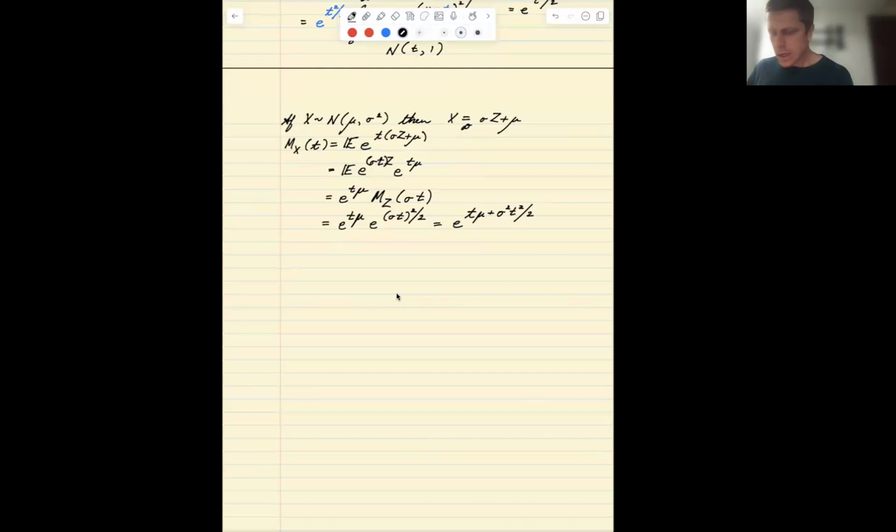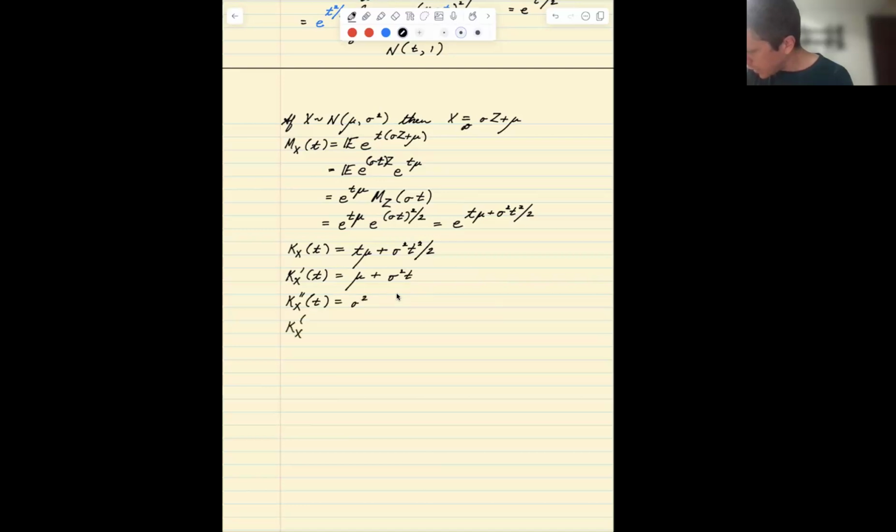Okay. So then in this case, the cumulant generating function of a normal with mean mu and variance sigma squared is just the log of an exponential. So it's t mu plus sigma squared t squared over 2. The first derivative is mu plus sigma squared t. The second derivative is sigma squared.